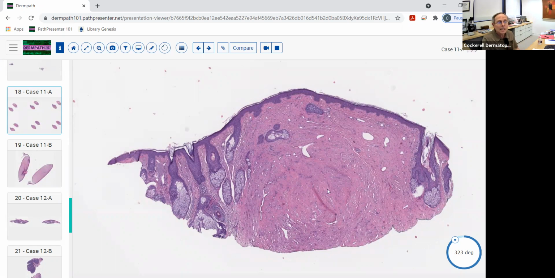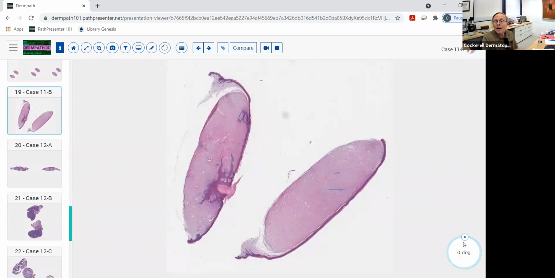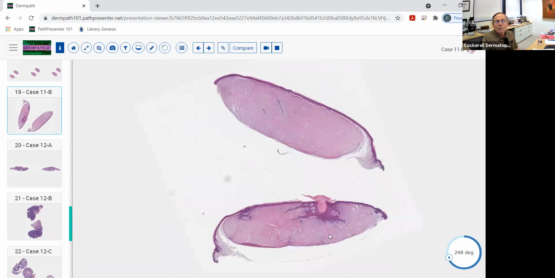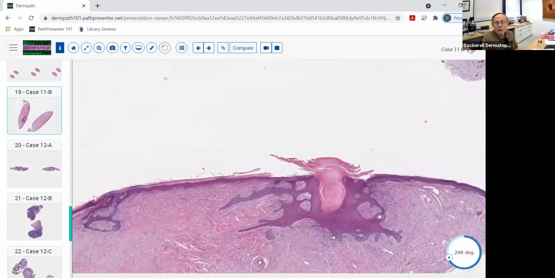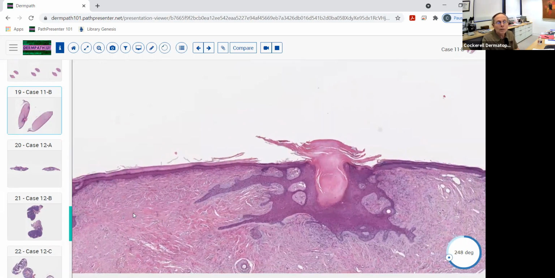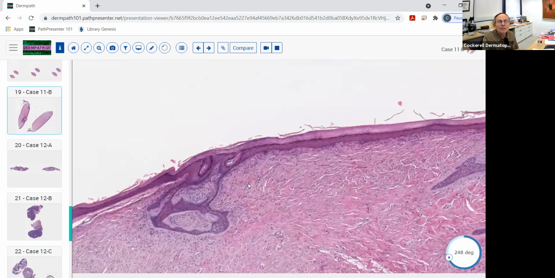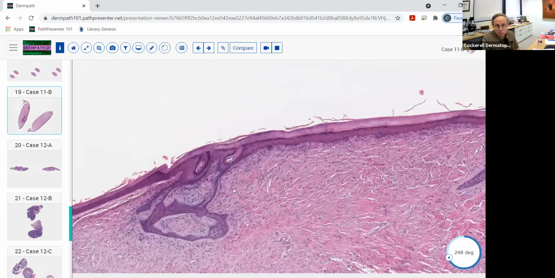And in the next case, we'll see an example of a fibrofolliculoma. So it's got kind of features of trichodiscoma off over here, but here we've still got some of the follicle that's associated with it. And so notice we've got the little hair germ that's got this fibrous stroma surrounding it. And so this is more of a fibrofolliculoma.